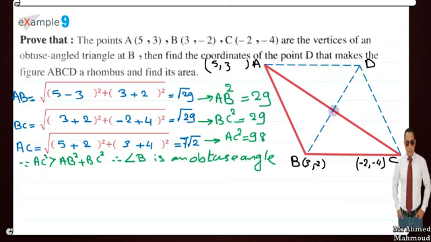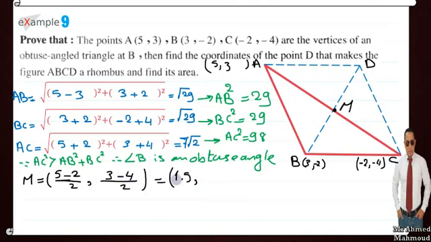Okay, now I need to find the midpoint of AC, which is called M. So M equal the midpoint of A and C, which is 5 plus negative 2, or 5 minus 2 over 2, and 3 plus negative 4, or 3 minus 4 over 2, which is equal 1.5 and negative 0.5. This is M.